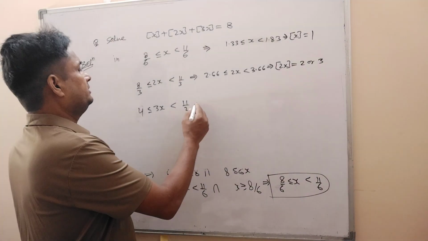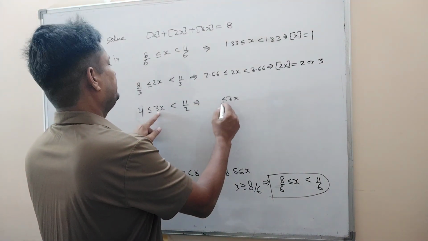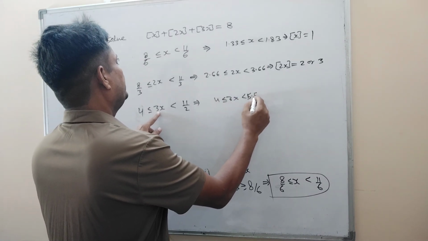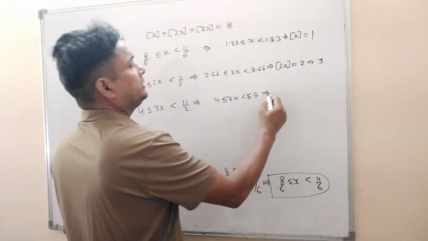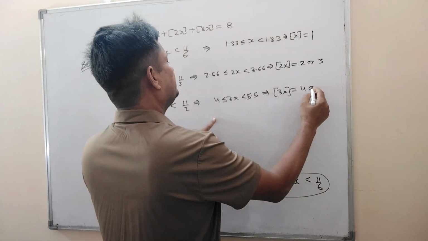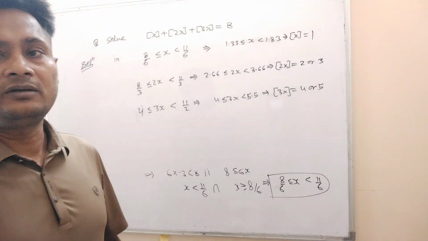Now 3x will be greater than or equal to 4 and less than 5.5. And if you take the greatest integer of 3x, this will give you two values, either 4 or 5.